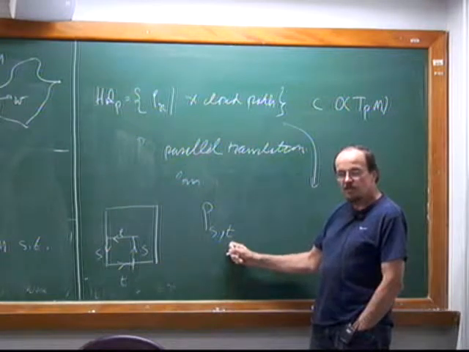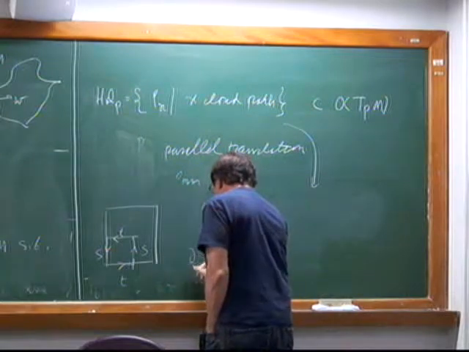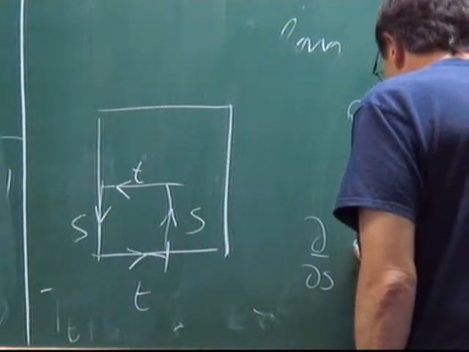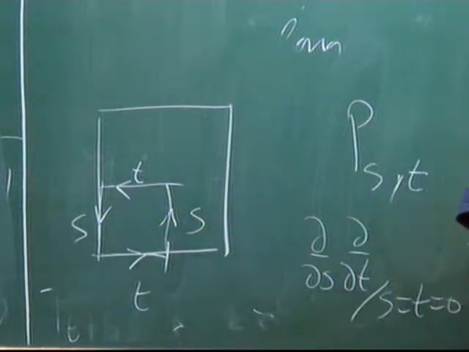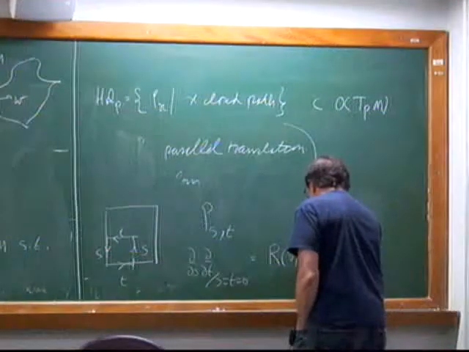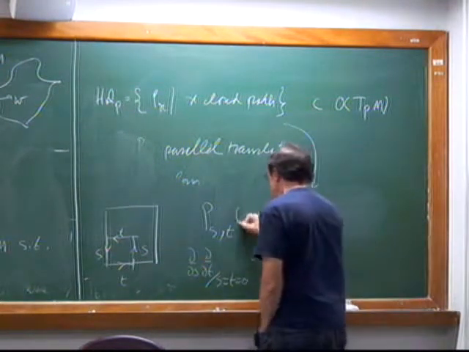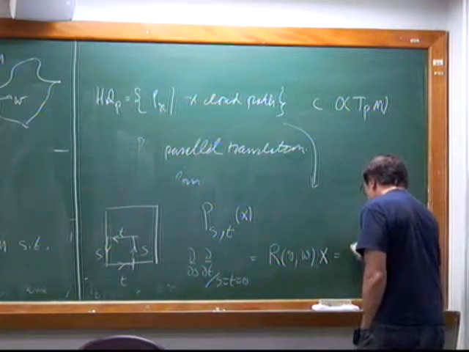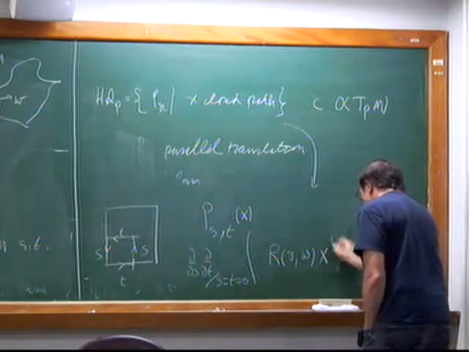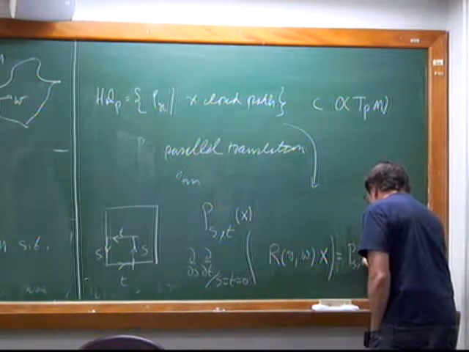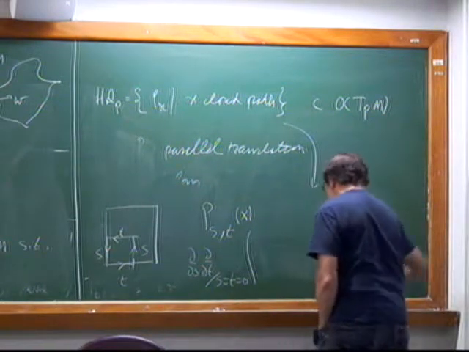Let this be parallel translation along this closed path. And then you show that the derivative d/ds d/dt at s = t = 0 is equal to R_vw applied to x.